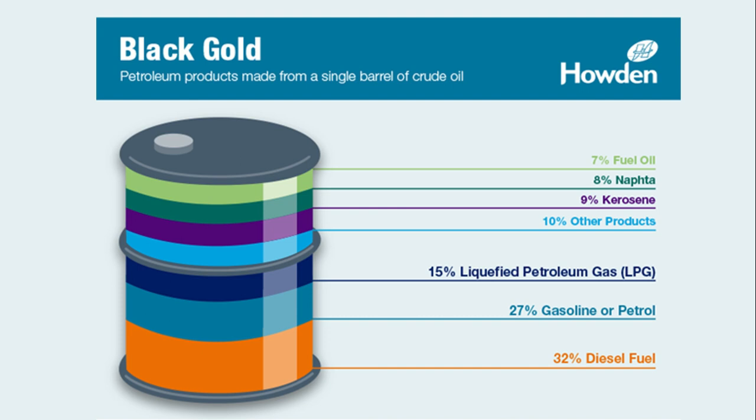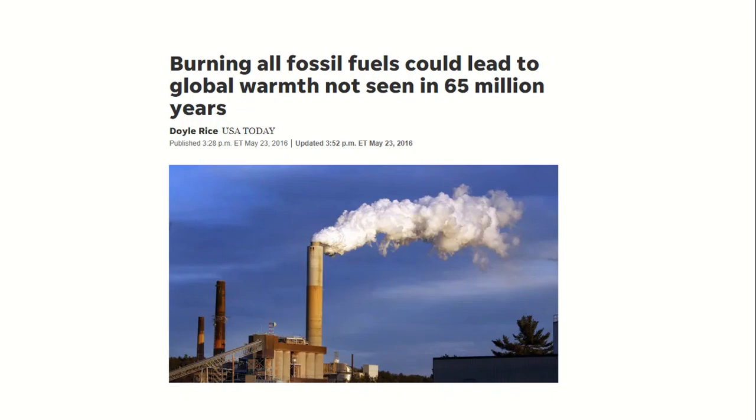Unfortunately, fossil fuel is a non-renewable resource, which means we will soon run out of crude oil to refine and burn. The use of fossil fuel is also responsible for most of the carbon emissions into the atmosphere, which is causing global warming.